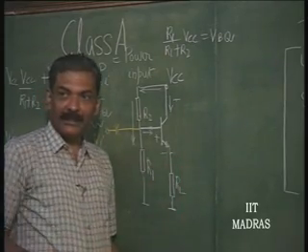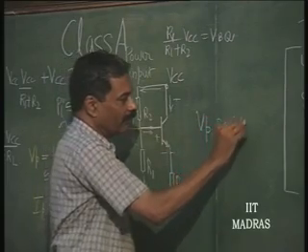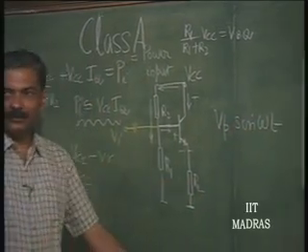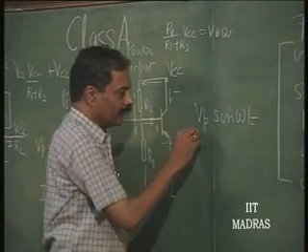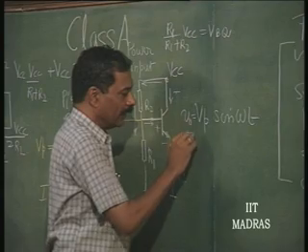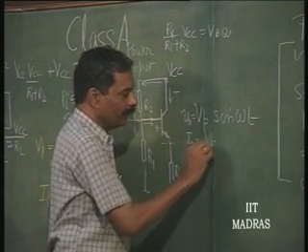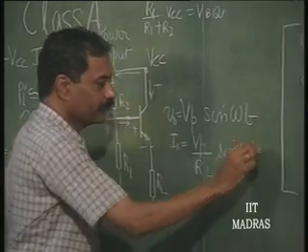If it is a symmetric swing and the voltage is Vp sin omega t, this is the voltage across the load, and the current is going to be Vp divided by RL sin omega t.